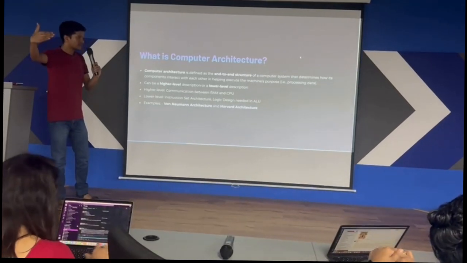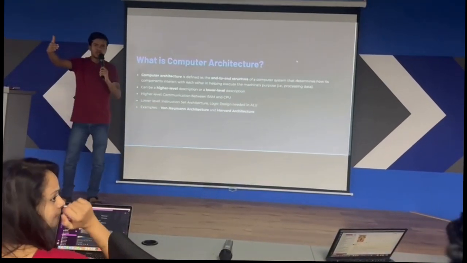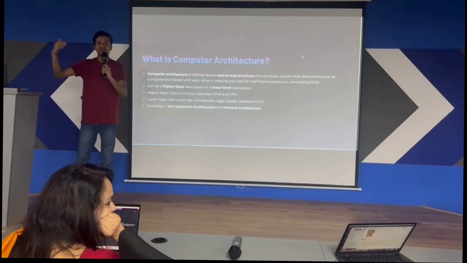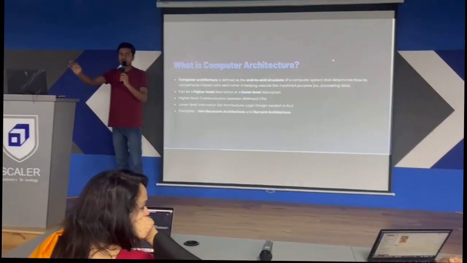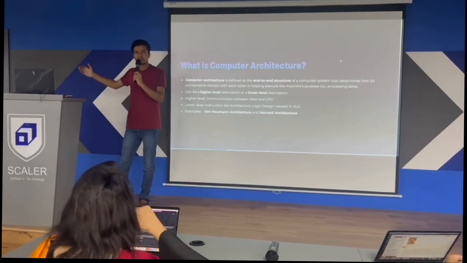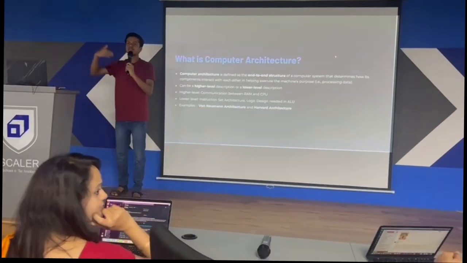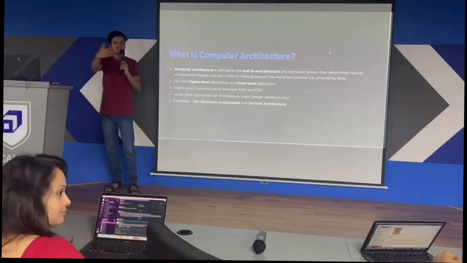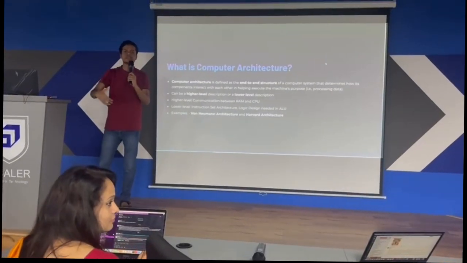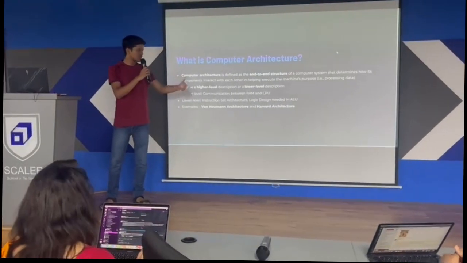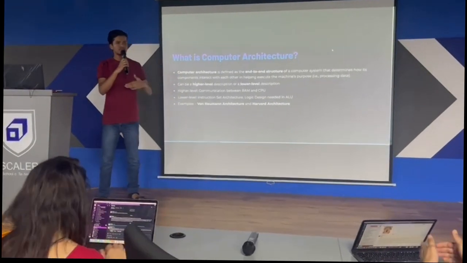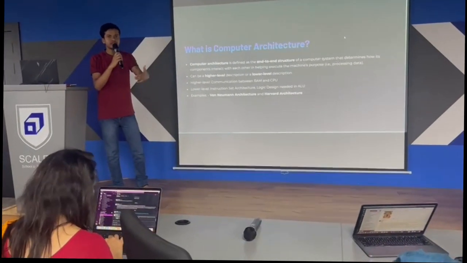In a higher level description, people talk about communication between these various higher order components of a computer, like how your CPU communicates with your RAM and how your input devices send information to your CPU and stuff like that. And so a lot of implementation details are usually hidden.